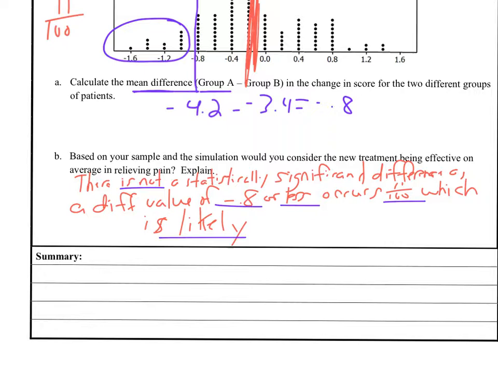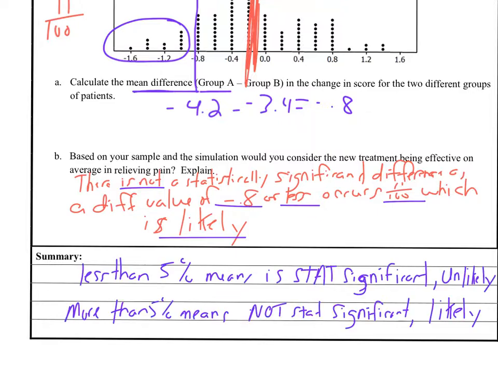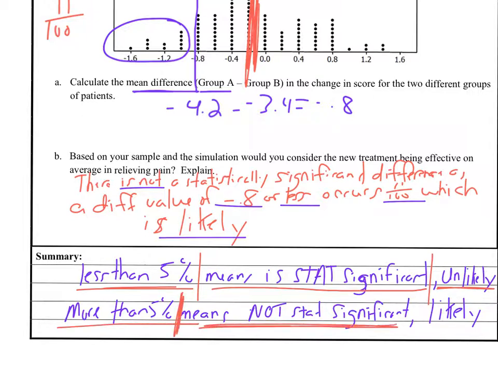Some people have a hard time figuring out what goes with what. So I'm going to summarize real quick, and then we'll go through it. If we have a number that's less than 5%, it means that it is statistically significant, which means it is unlikely. More than 5% means not statistically significant, which is a likely event.